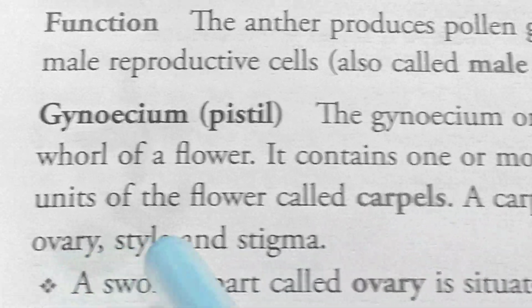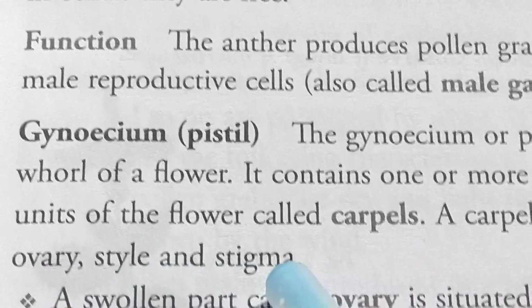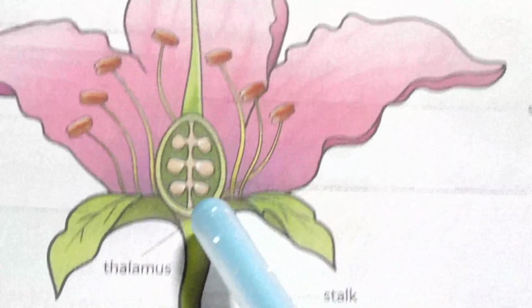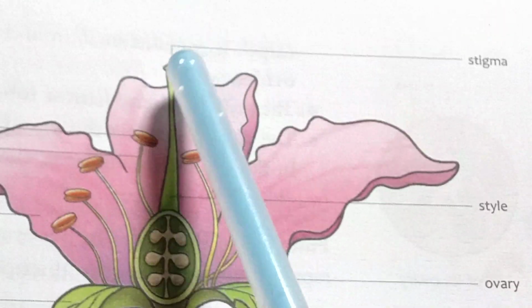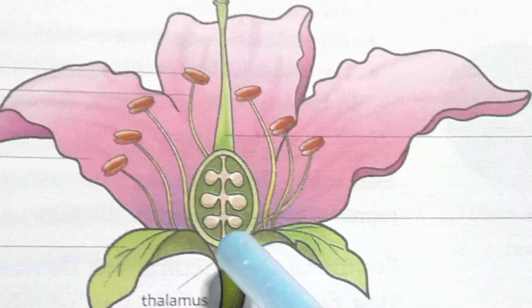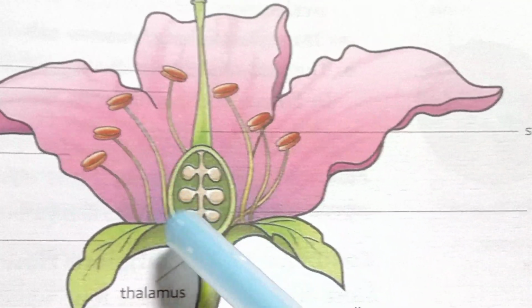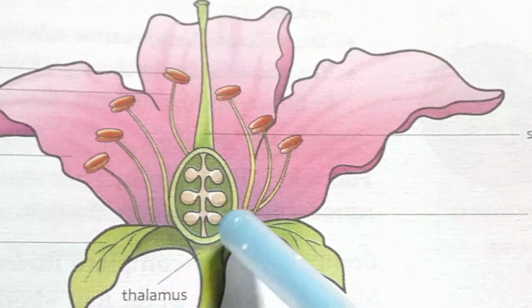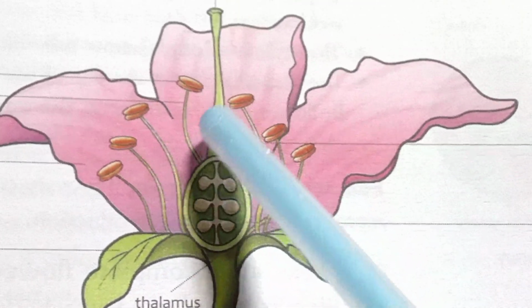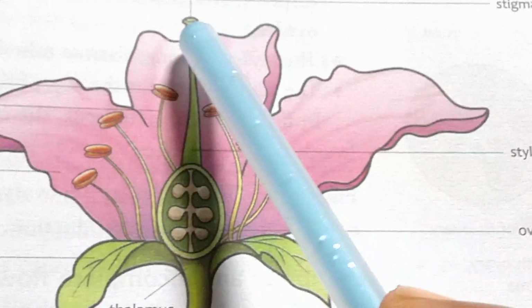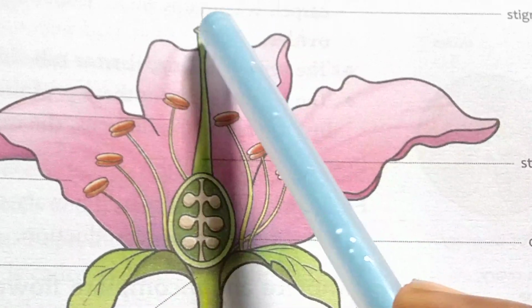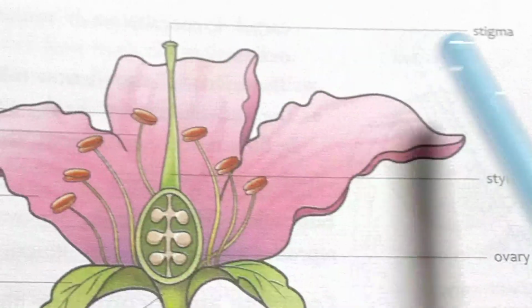A carpel has three parts: ovary, style, and stigma. Look at it here. Ovary, style, and stigma make up the female reproductive part. The swollen basal part is the ovary, the thread-like structure is the style, and the flat tip of the style is the stigma.